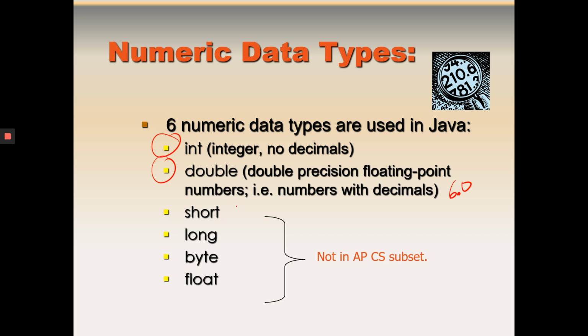These are types of decimal numbers, but it just changes the memory location size, so we aren't going to use any of those. Float is used in Python all the time. They don't use double in Python, they use float, but float and double both exist in C++. But in Java, the AP subset just wants you to use doubles.